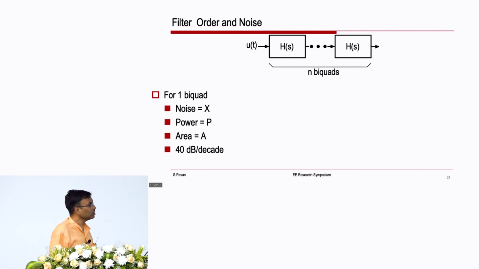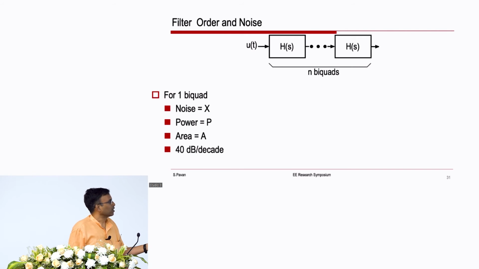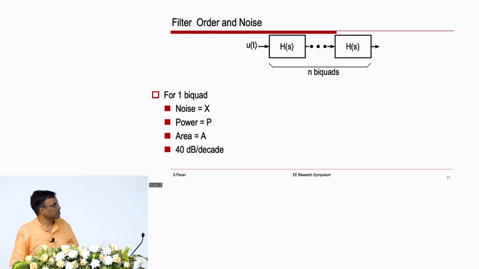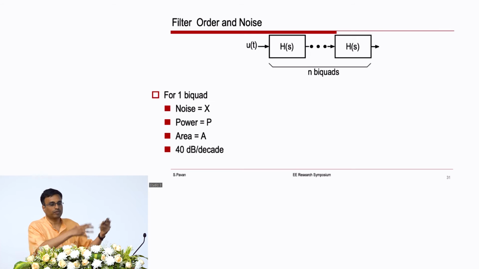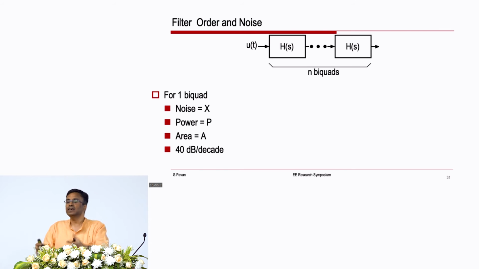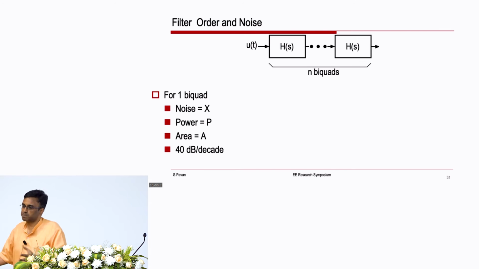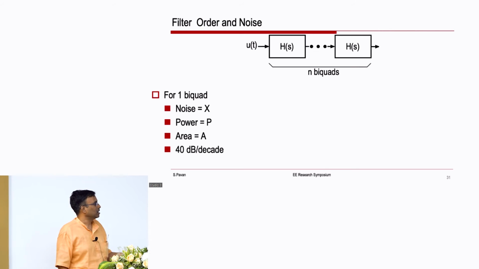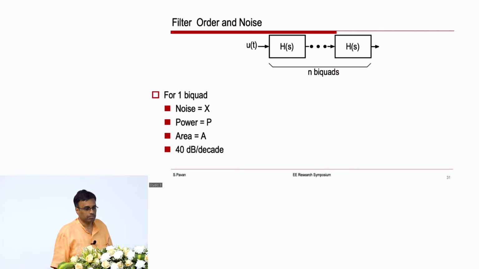So, with that background, let us say for a single biquad, the noise is x, the power dissipation is P, and the area is A. The area of the biquad, meaning when you lay it out on an IC, you have capacitors which occupy space, you have transistors which occupy space, and it turns out that most of the space is occupied by the capacitors. And the roll off is 40 dB per decade.